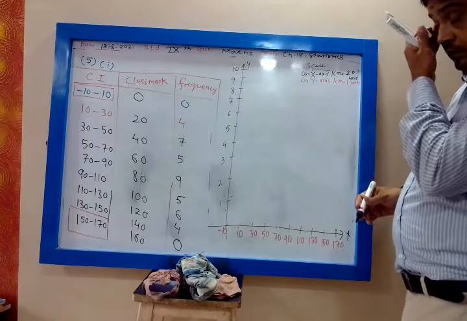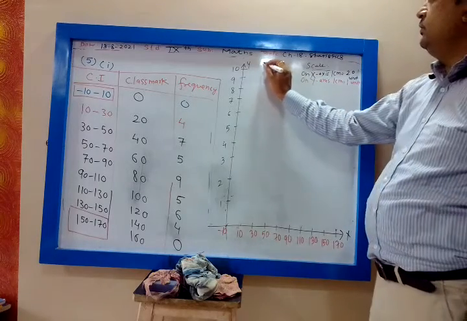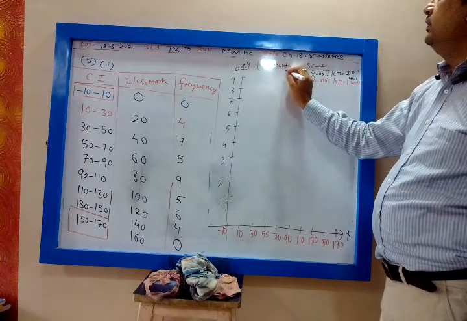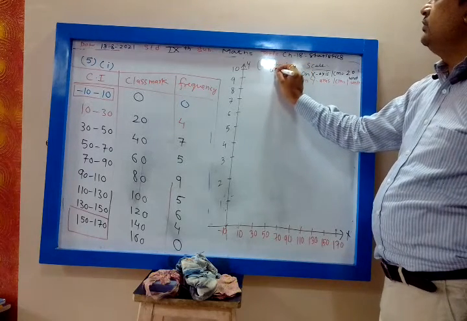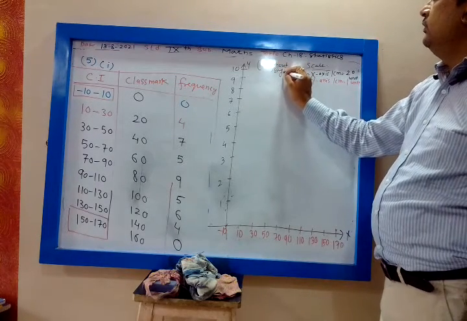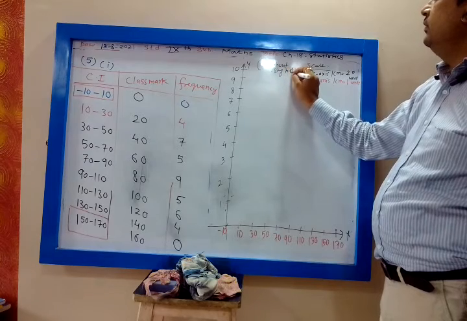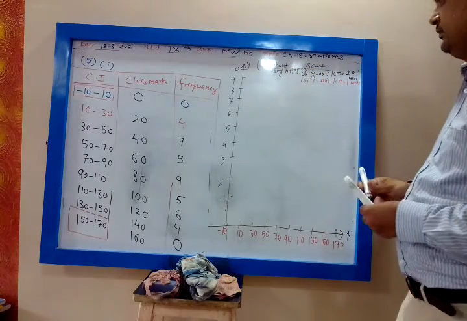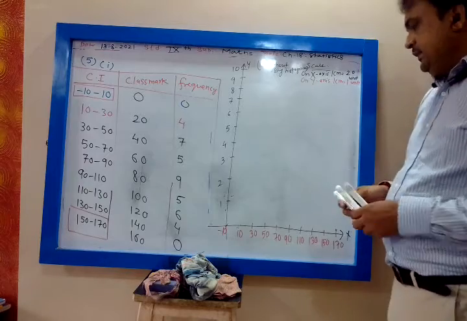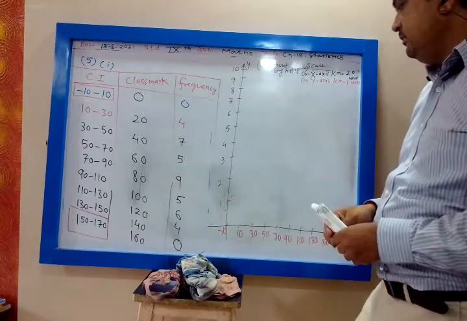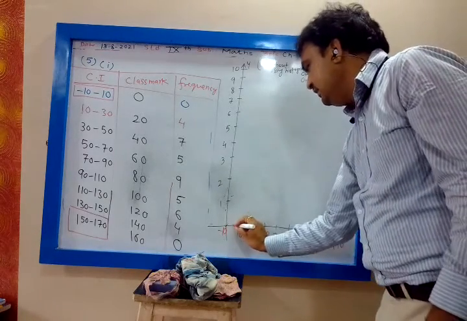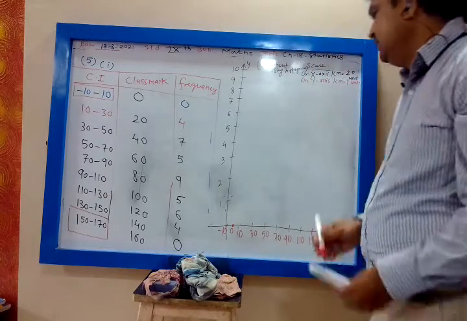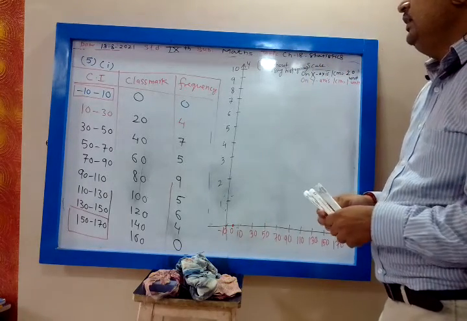Then, let us do this without using histogram. Okay? So what is the class? What is the class from minus 10 to 10? This is my 0. Then 10 to 30, 20.